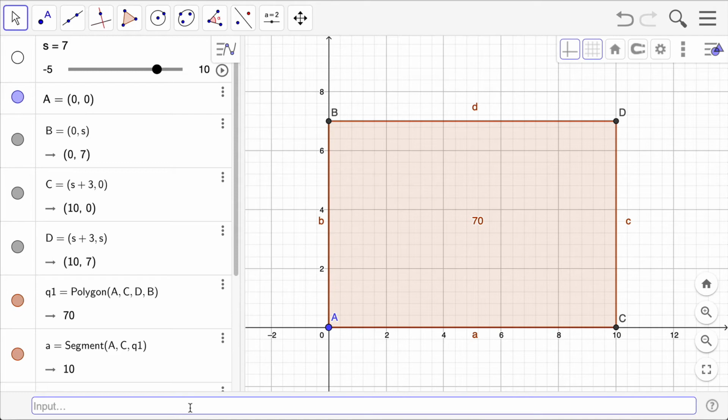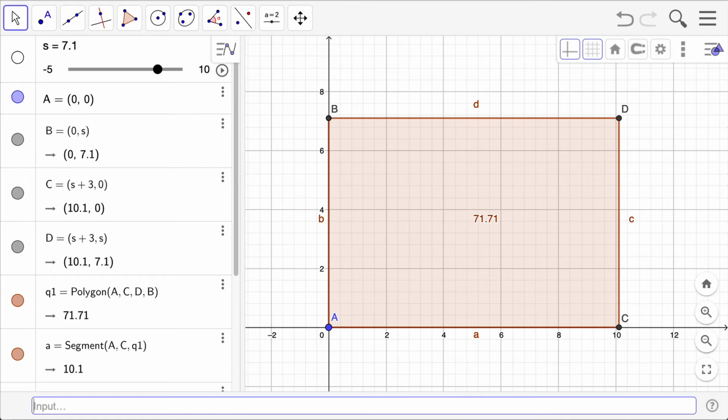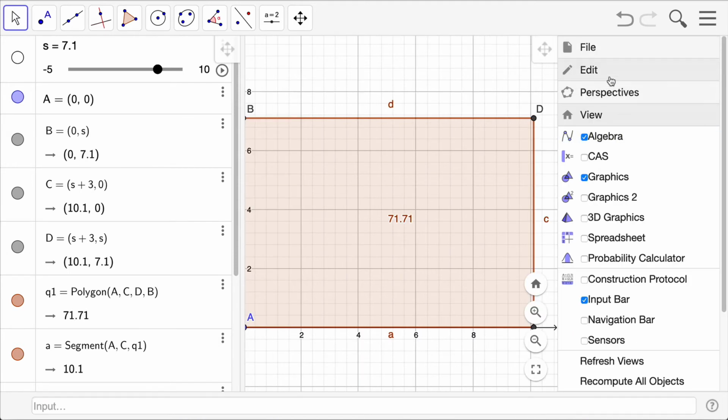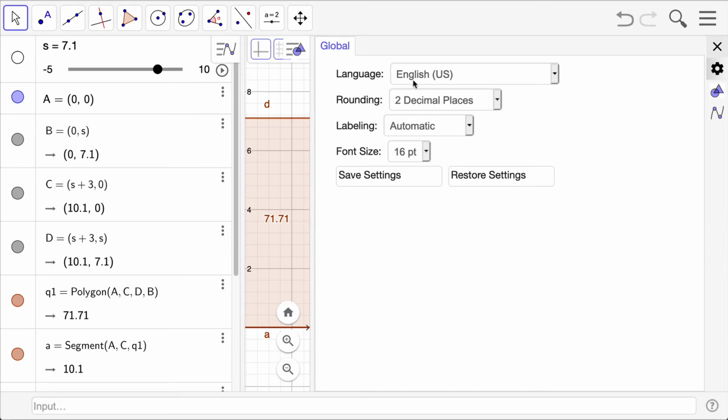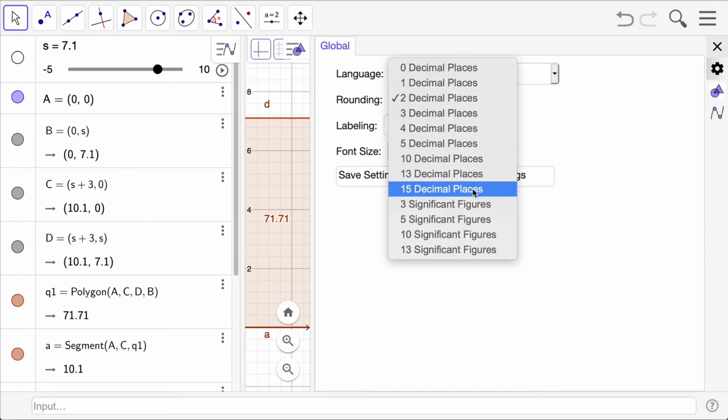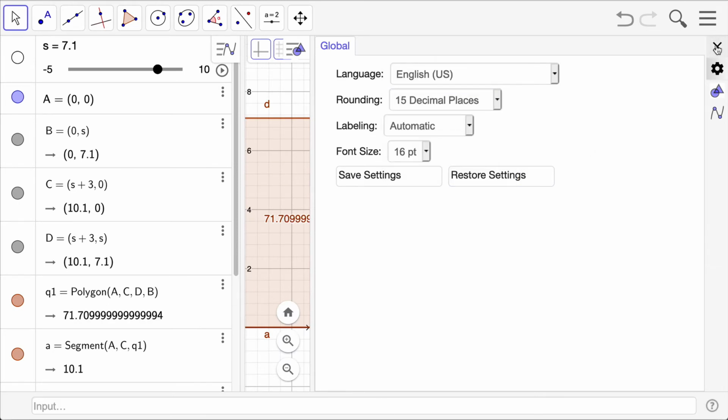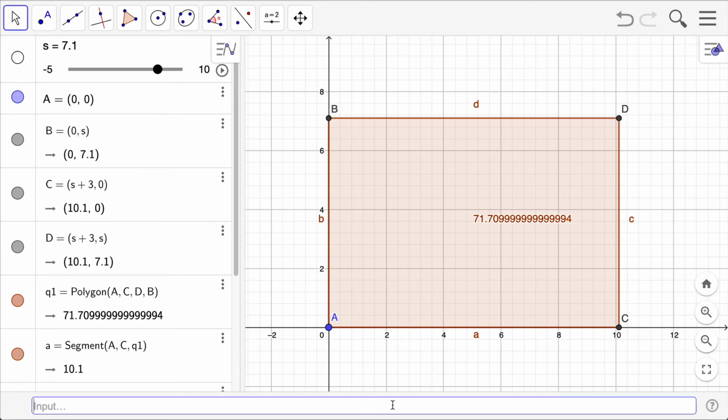And so S being equal to 7.1, you can see how that works to 71.71. And we're going to want to, here we go, have more decimal places. Let's just go for the max. All right.